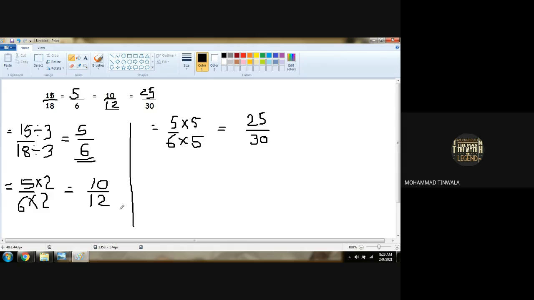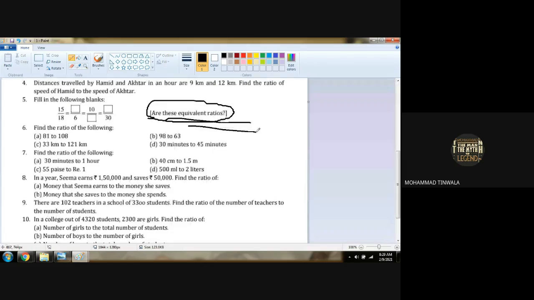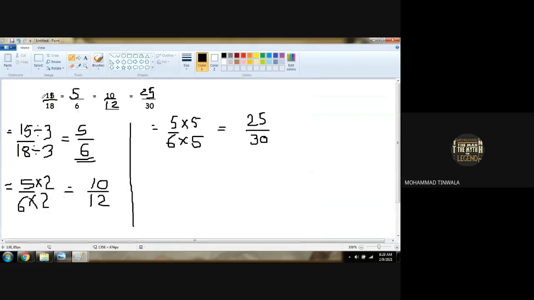Now this was the method we used. We have to check whether these are equivalent ratios. How can we check? You divide this. 3 fives are 15 and 3 sixes are 18. You got 5 upon 6 in this. 2 fives are 10, 2 sixes are 12. You got 5 upon 6 in this also. 5 fives are 25, 5 sixes are 30.